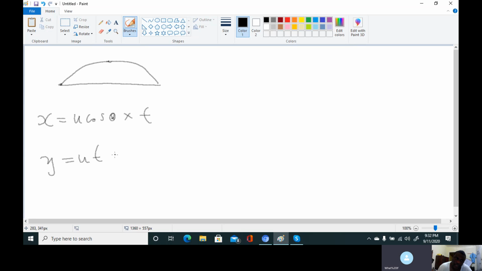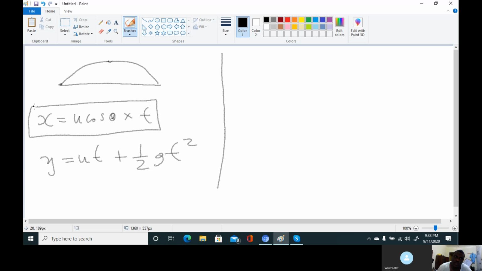y is equal to ut... So these are the two equations. When we analyze the horizontal motion, we got this. When we analyze the vertical motion, we know this will be negative in the middle because this is negative.